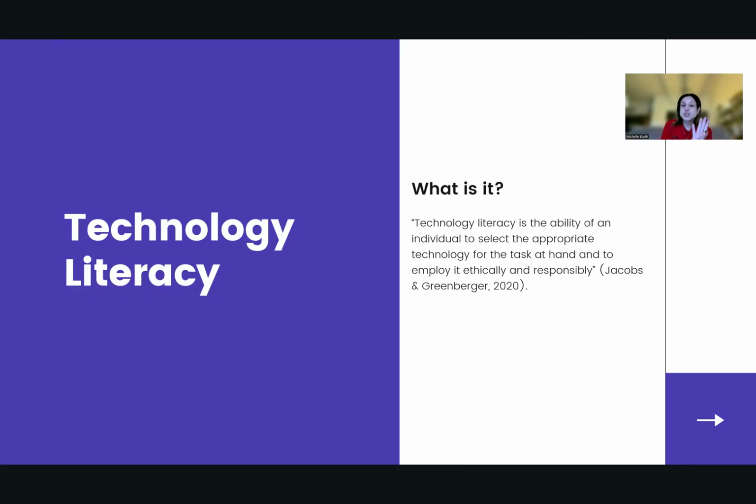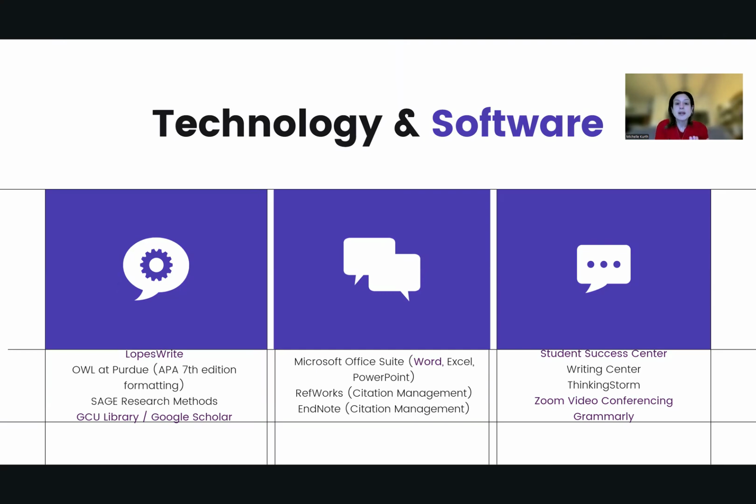So technology literacy covered. Let's talk a little bit about technology and software that I think will be helpful for you in this course and in your future courses. First and foremost, I mentioned Lopes, right? Lopes is our kind of plagiarism tool that you will upload your documents, and before you submit it, it goes through what's called a Lopes check, and it will give you a similarity score.